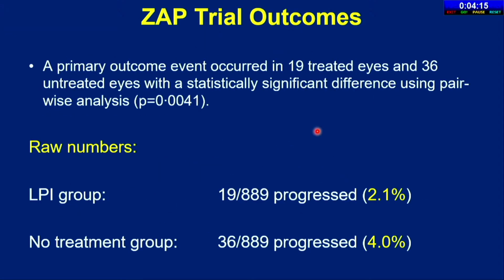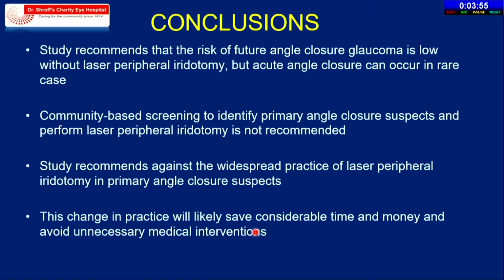So if you look at the numbers, in the LPI group, the eyes which underwent laser peripheral iridotomy, 19 eyes out of 900 eyes progressed, and in the no treatment group, 36. So if you look at this figure, there was 50% risk reduction. But actually, if you look at the raw numbers, the numbers were pretty low.